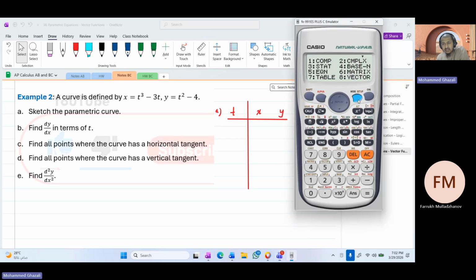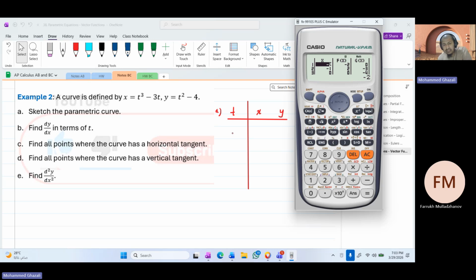I'll just say table method 7, f of x, x cubed minus 3x. And g of x, I'll say t squared minus 4. And I will start at -2 and end at 2, just for simplicity.